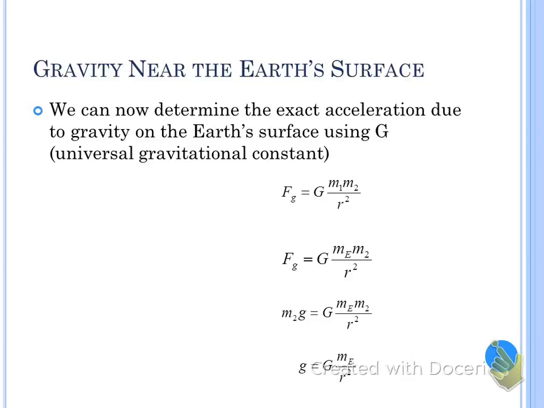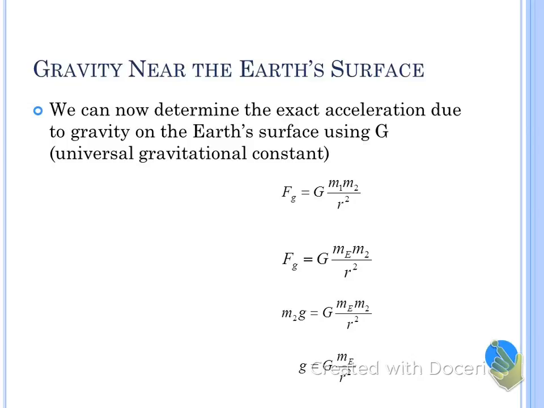We need to make sure that you understand the difference between the acceleration due to gravity and the gravitational force. What are the units for the acceleration due to gravity? Meters per second squared, because it's an acceleration. And what is the variable? Little g.